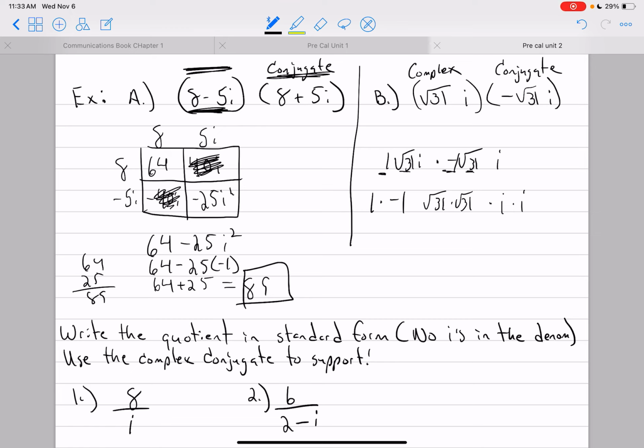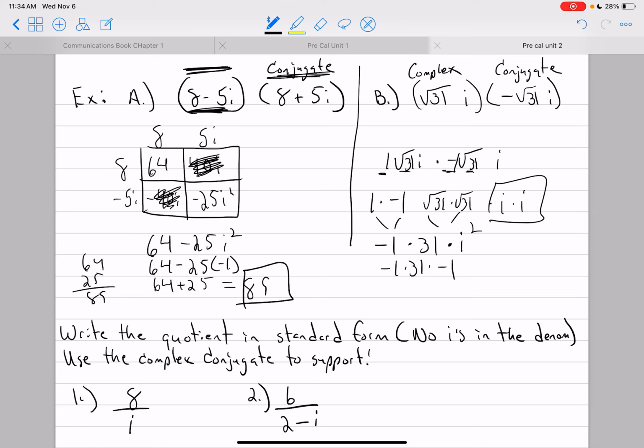Well, 1 times negative 1 is negative 1. The square root of 31 times the square root of 31 is the number 31. And i times i is i squared. And what do we know? Negative 1 is still negative 1. 31 is still 31. And i squared is negative 1. That's the key.